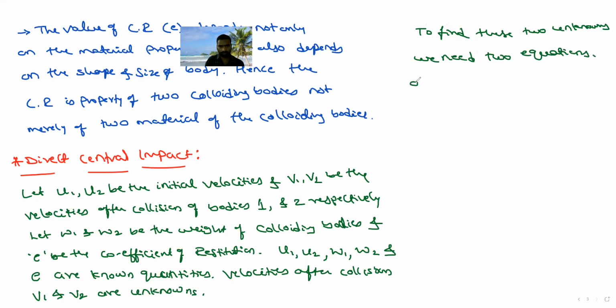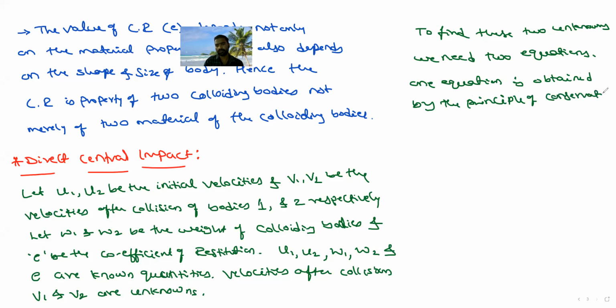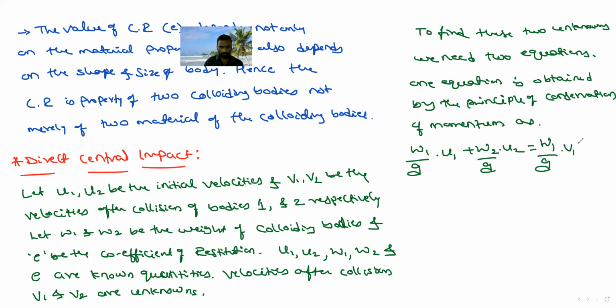One equation is obtained by the principle of conservation of momentum: W1 divided by g into U1 plus W2 into U2 divided by g is equal to W1 divided by g into V1 plus W2 into V2 divided by g.